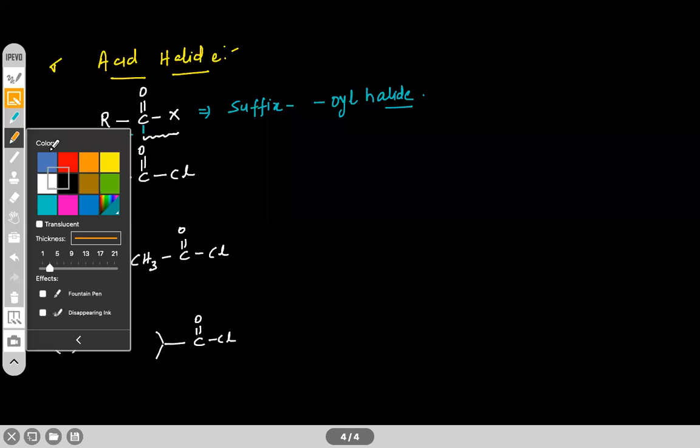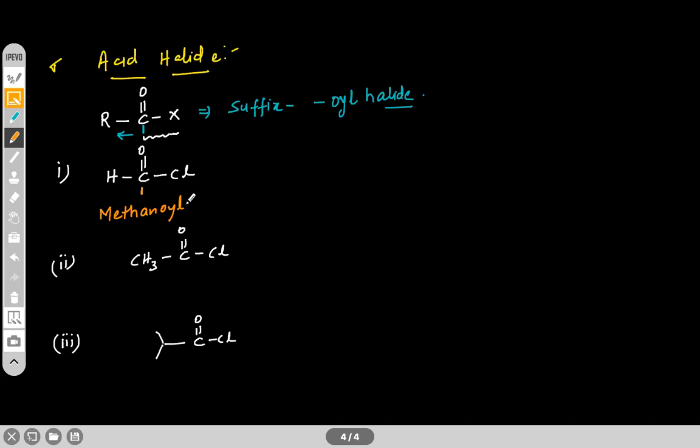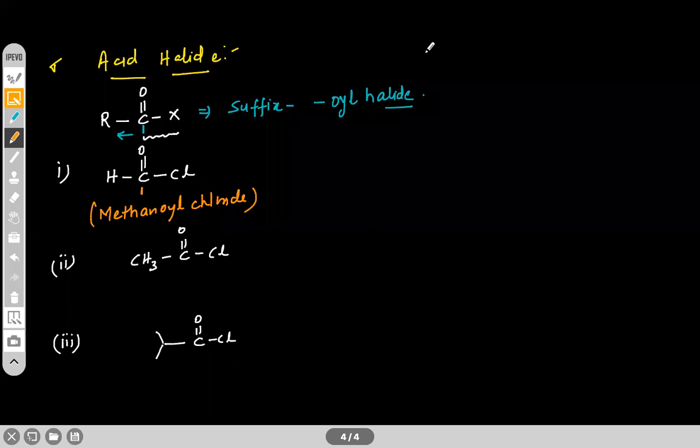So this one, we have only one carbon atom, so it is methanoyl chloride. Correct, very good. Methanoyl chloride, not halide, because Cl is mentioned. Got it, Shraddha? Cl is mentioned, so chloride, not halide.